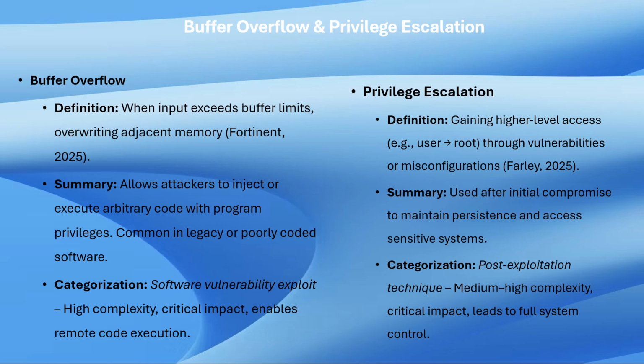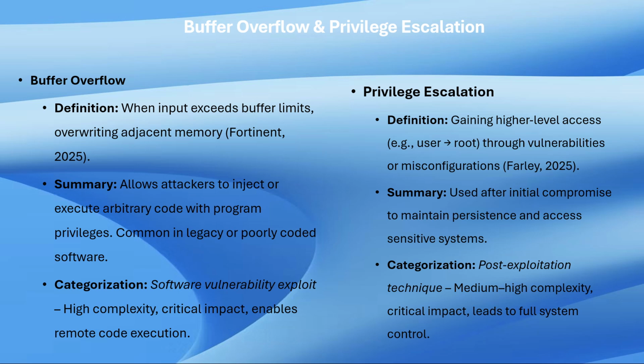On this next slide, we will focus on buffer overflow and privilege escalation. Buffer overflow and privilege escalation emphasize how core vulnerabilities can result in complete system compromise. Buffer overflow occurs when a program exceeds memory buffer limits, allowing attackers to inject code and gain unauthorized control. This vulnerability continues to affect legacy C and C++ applications.